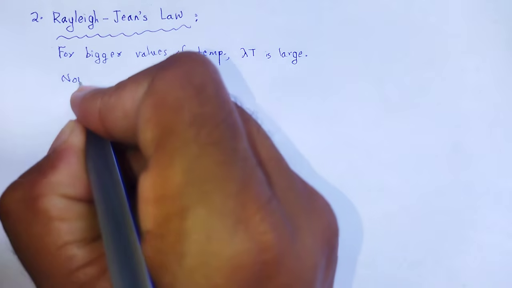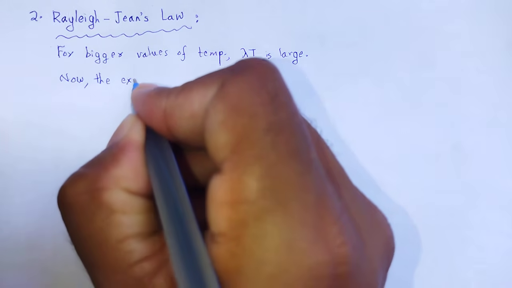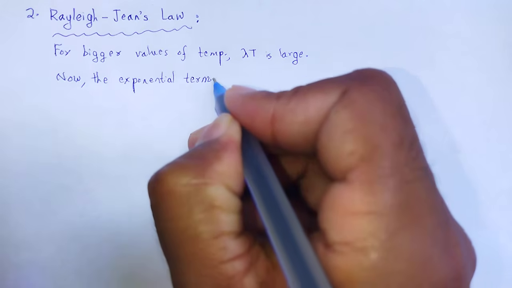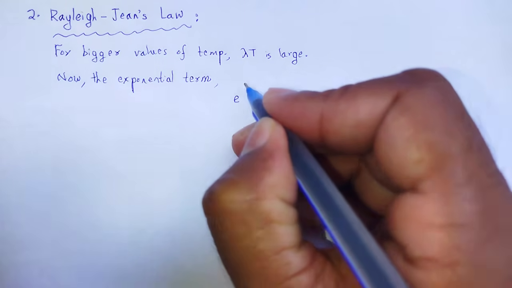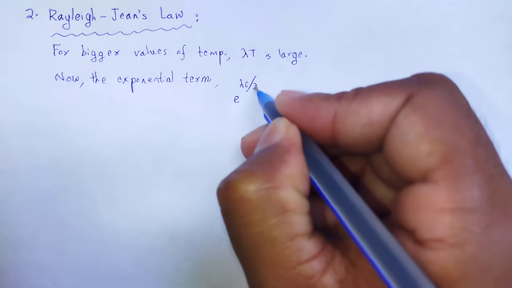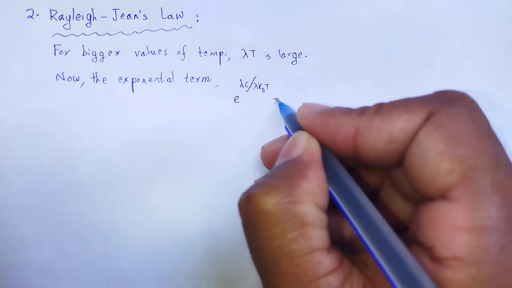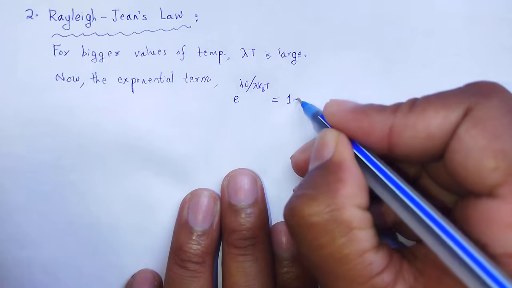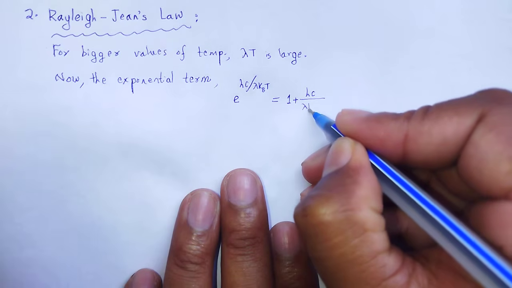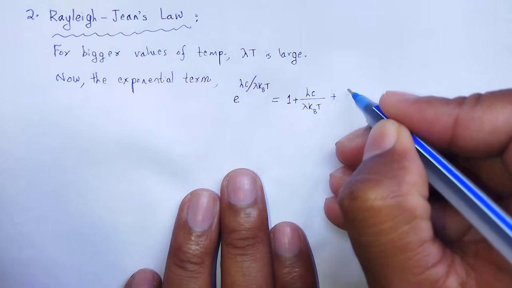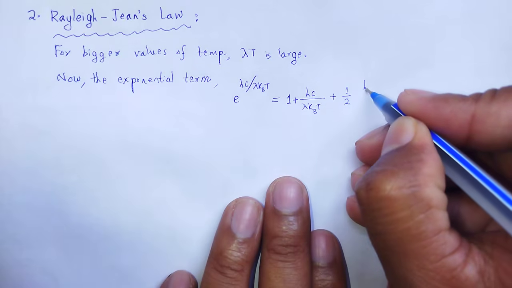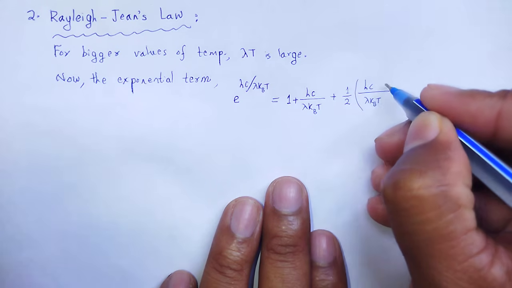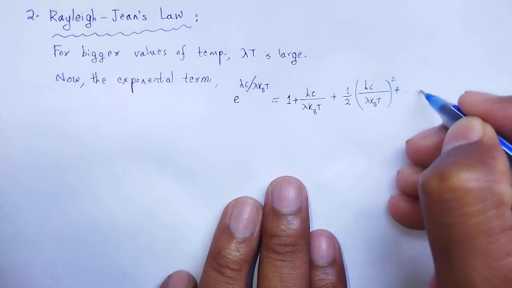Now, the exponential term e to the power h c divided by lambda kBT, we can expand as 1 plus h c divided by lambda kBT plus 1 by 2 h c divided by lambda kBT whole square plus dot dot dot.